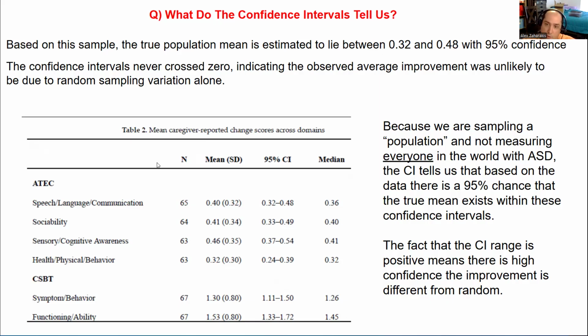And the fact that that confidence interval is positive, meaning that it doesn't float below zero and have some negativity, means that we're seeing improvement even with this statistical analysis. And so it puts a lot of confidence in the results or the correlation that we're trying to draw from it.